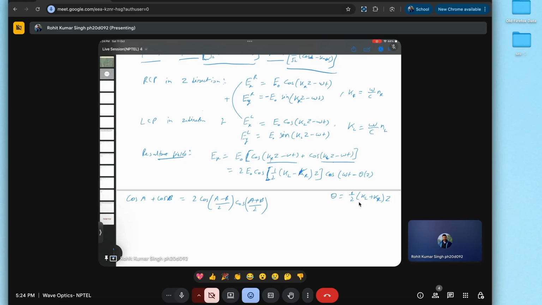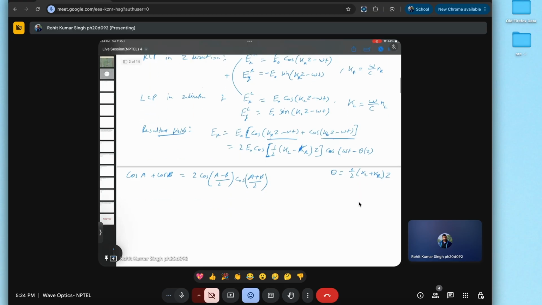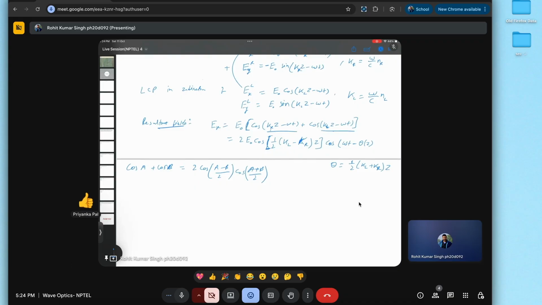Okay, so yeah, this is what we get for x component resultant field, and similarly for the y component you will get sine half kl minus kr z, and here cos of omega t minus theta z. Okay, theta is same here.